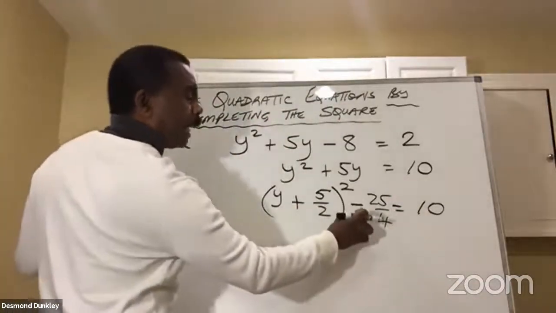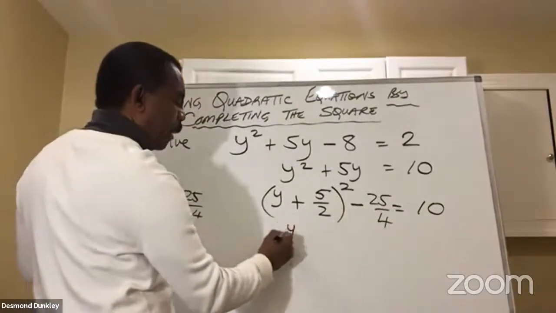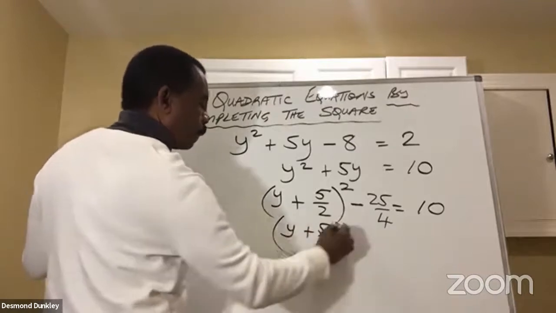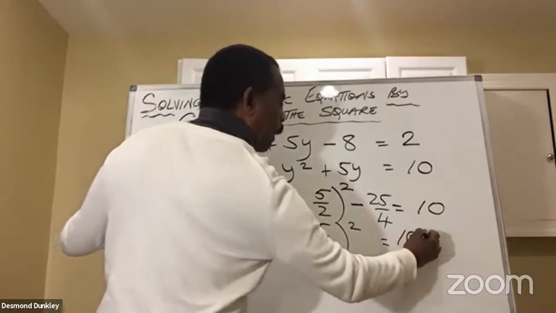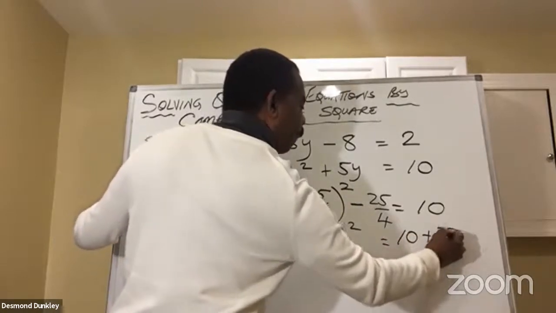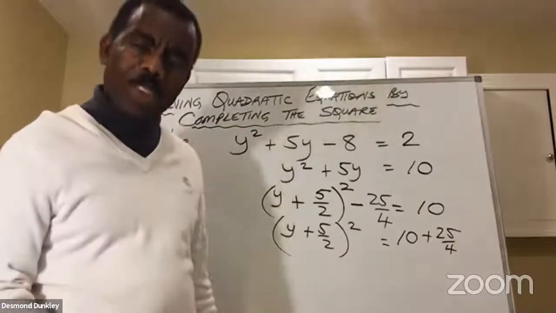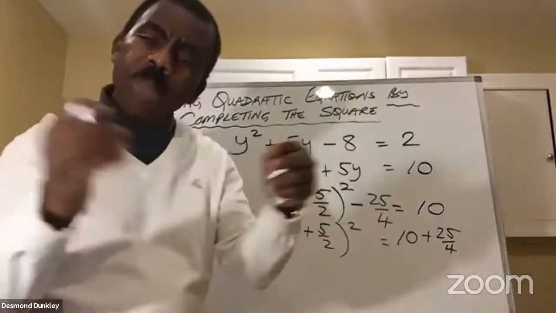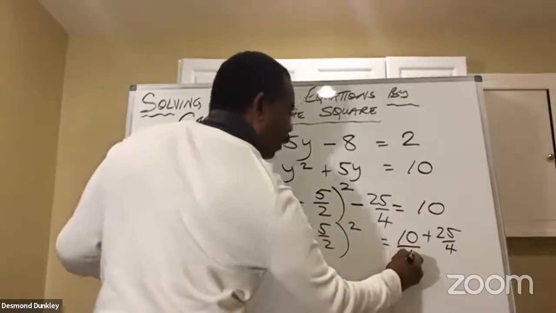Okay, what did we do next? We brought this over here. So now we have y plus 5 over 2 squared is equal to 10 plus 25 over 4. How did we add fractions before? We said in order to add fractions, we need to get a common denominator. So this is 10 over 1.